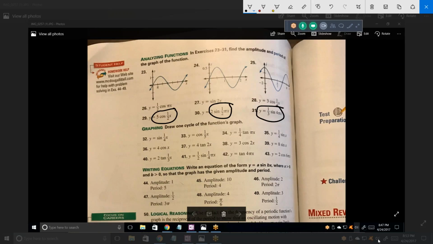Now 32 through 43 is perhaps the one area of mathematics where it's hard to do online and it would be easier to do in person. If I was in person, I would have you pull out a piece of paper and graph each of these.